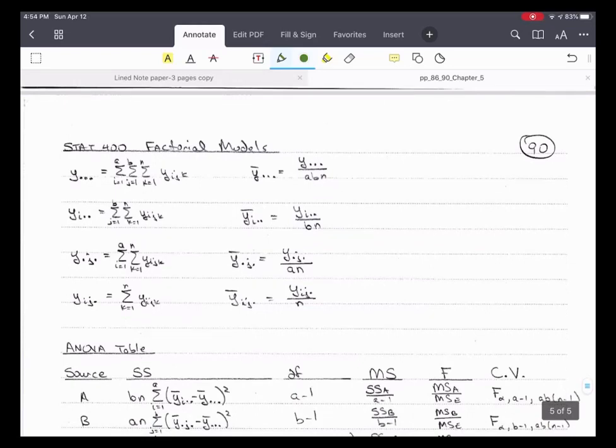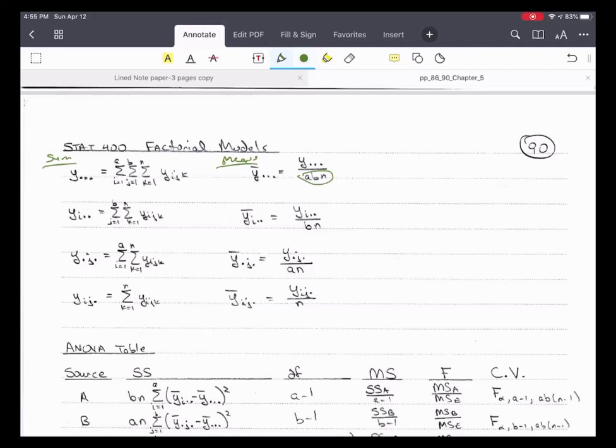All right. Let's talk about the calculations. For the sums, I have the sums on this side and I have the means over here. So we have the overall sum, which is the sum across i, j, k of the observations. So this is adding up all the observations in the experiment. To get the overall mean, I divide that by the total number of observations in the experiment.